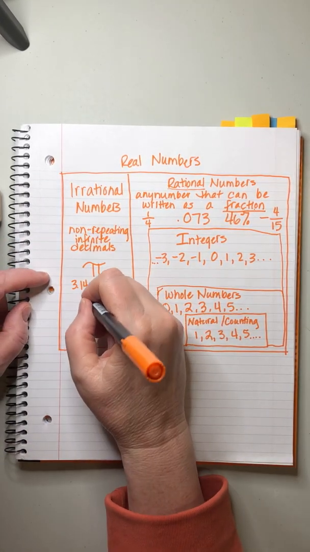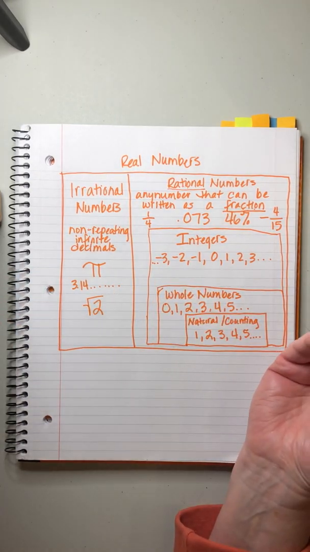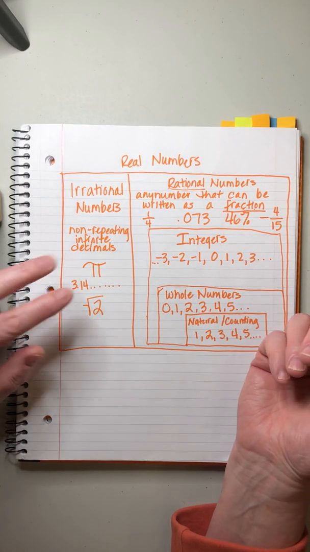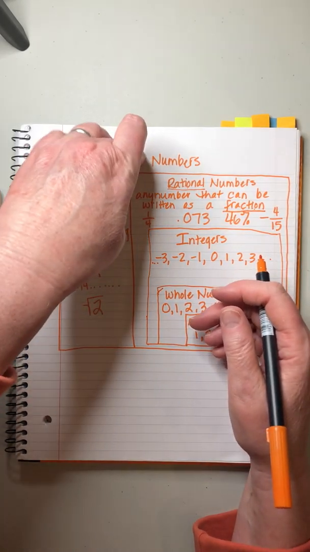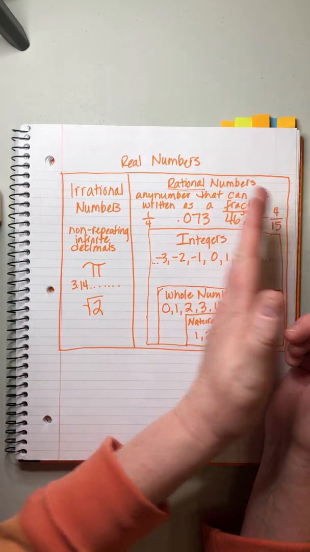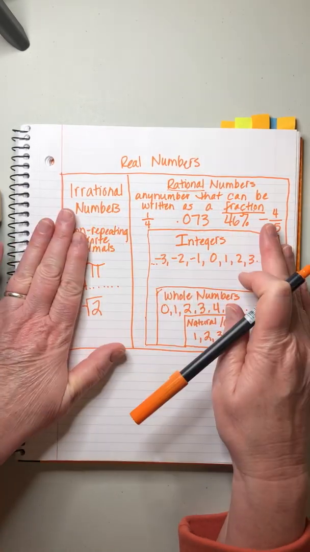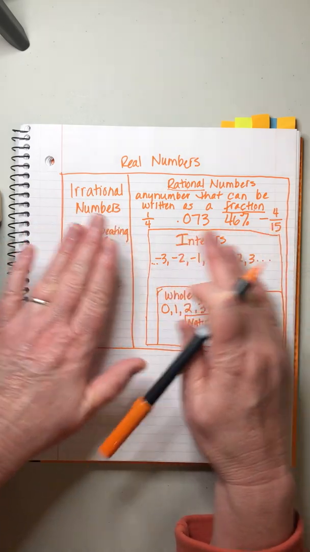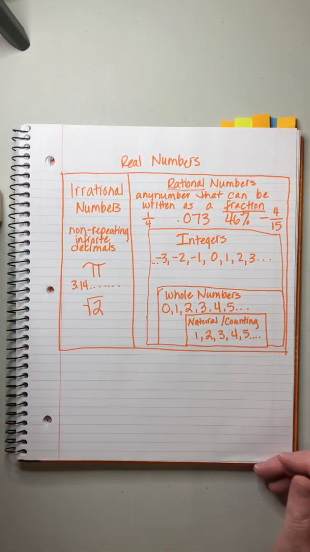The other great example is the square root of 2. It goes on infinitely with a non-repeating decimal pattern. These are irrational numbers. They are a subset of the reals, but otherwise they don't have anything to do with these guys. Okay? So these 2 sides are not subsets of each other in any way. They're only related as real numbers.